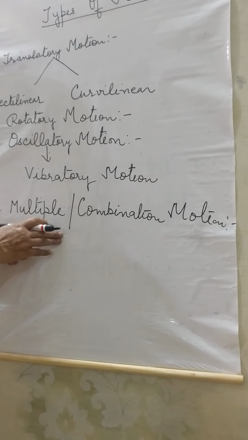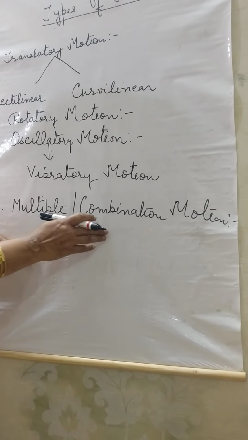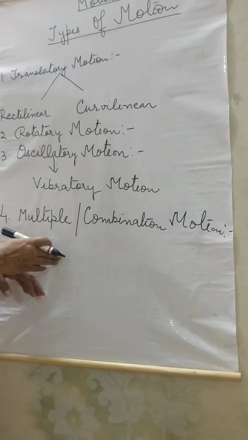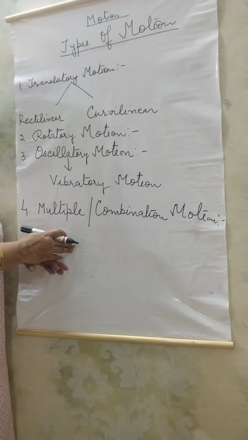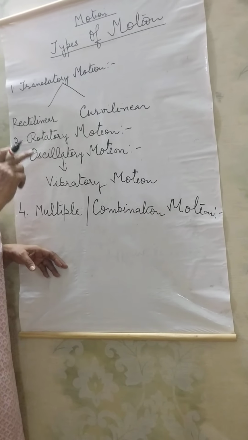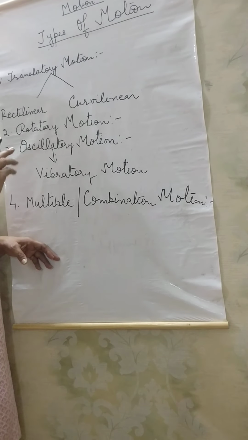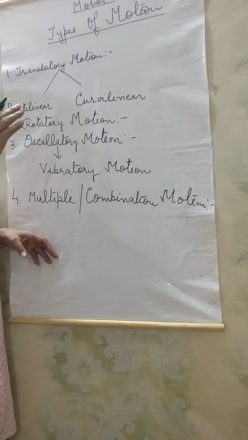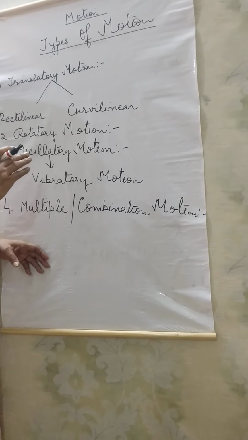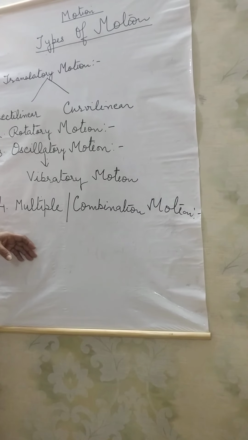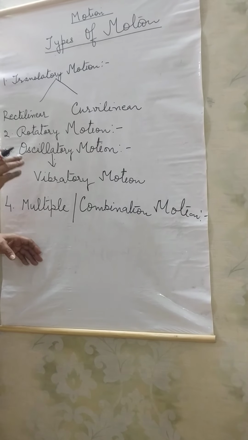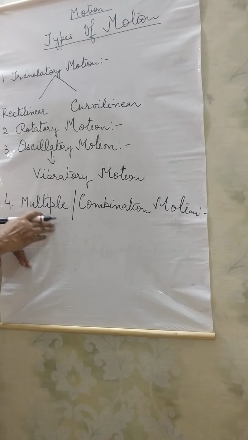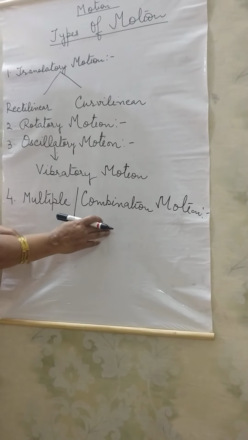Then it is said to be multiple or combination motion. For example, wheels of a moving car. The wheels are rotating, so it is rotatory motion, and since the car is moving forward, the wheels are also moving forward. As a result, it has translatory motion also.